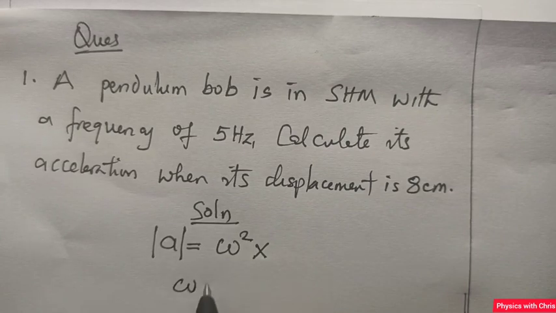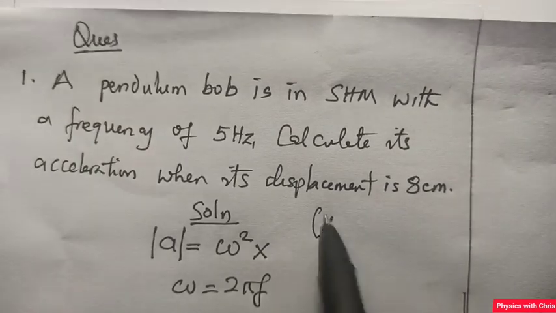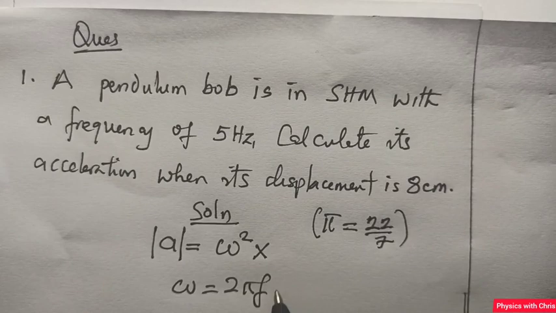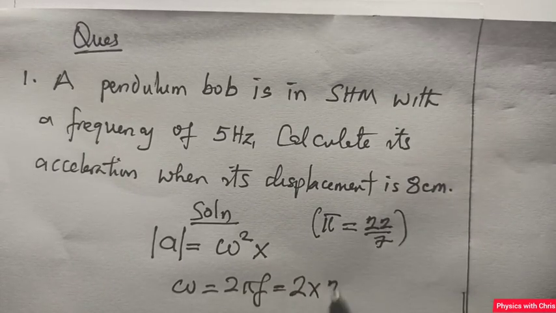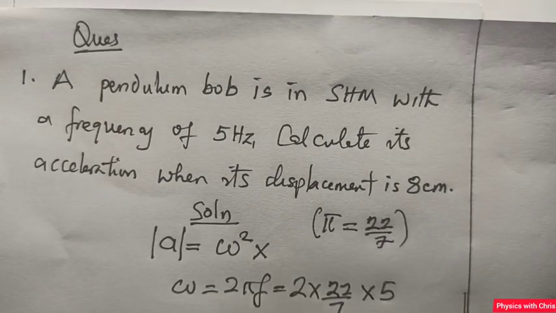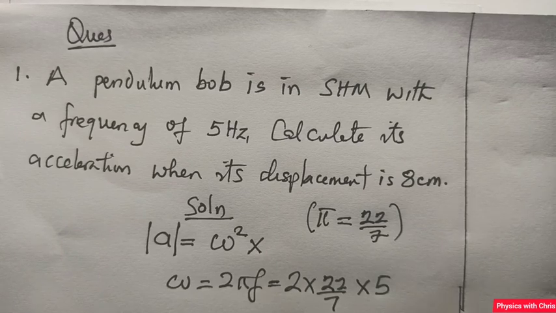Now, omega is given by 2 pi multiplied by frequency. We're going to take pi as 22/7, as most times it will be given. That will give me 2 multiplied by 22/7 times 5, since my frequency was given as 5 hertz. With my calculator, I can quickly evaluate that. That's 2 times 22 times 5, that gives me 88 times 5.